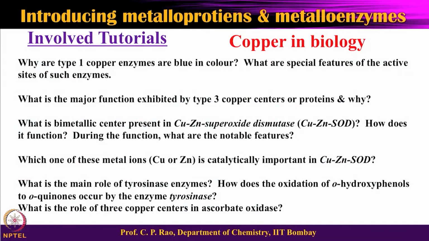Okay. Let us look at the next one. What is the bimetallic center present in copper zinc superoxide dismutase? CuZnSOD. How does this function? During the function, what are the notable features? What is the bimetallic center present in the copper zinc superoxide dismutase?